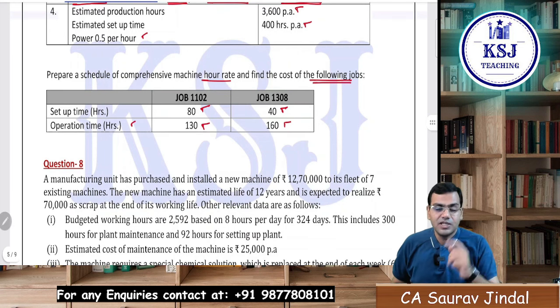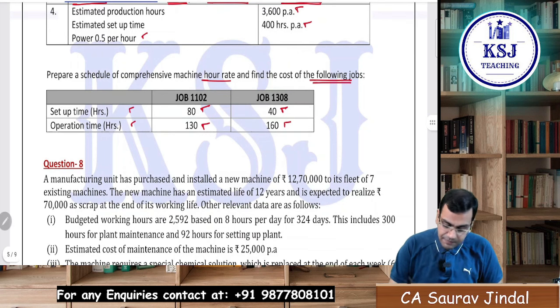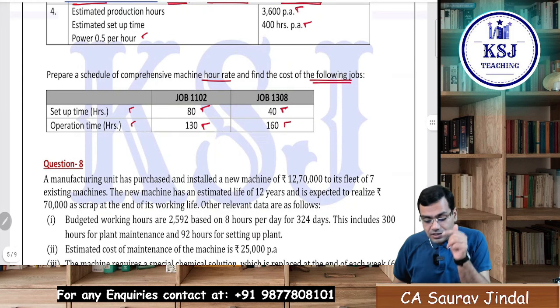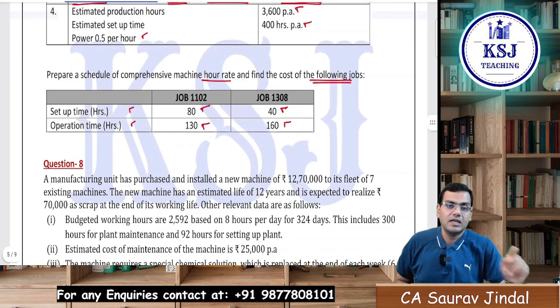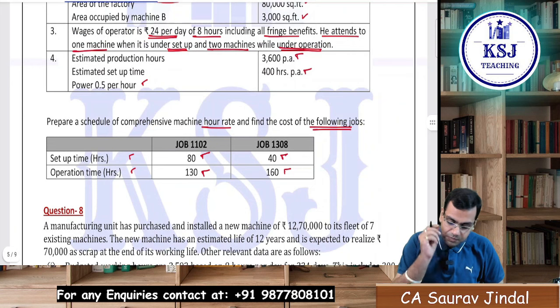The second machine hour rate will be calculated for the setup time. What are the costs which are consumed during the operation time and what are the costs which are incurred during the setup time? First thing. Second thing here, if you read this part carefully, the estimated production hours is 3,600.